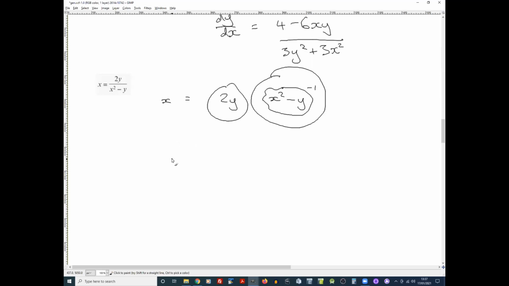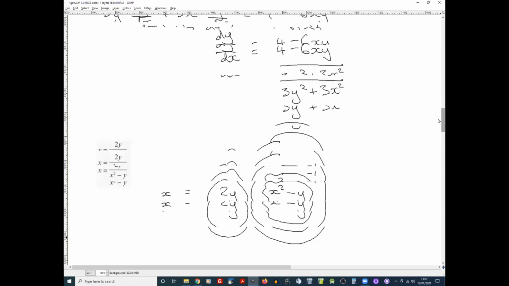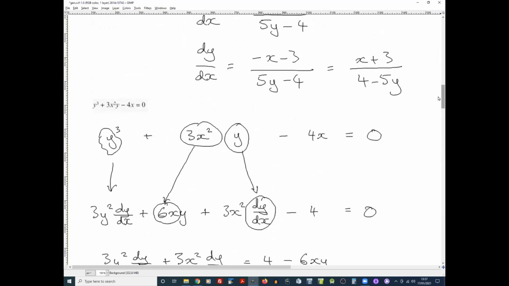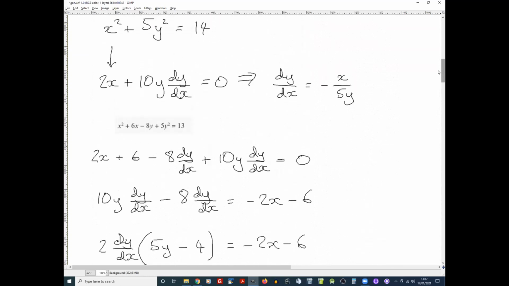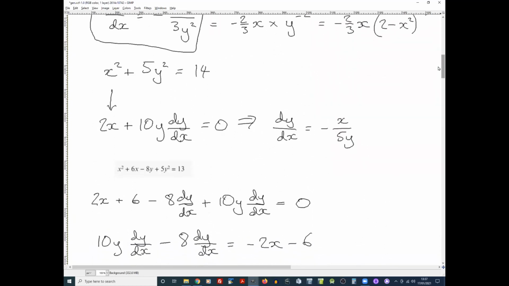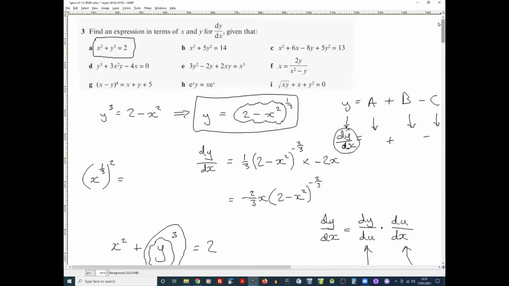You've lost me. Why do you want to set it equal to 0? I just thought that was what you were meant to do because all the other ones were set to 0. By the time we differentiated, they all just had a number on one side. Apart from E, the one we missed out. That's not part of the deal. It's not like one side has to be 0.